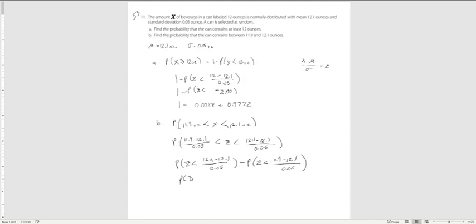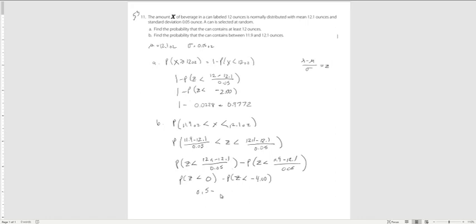Alright, so it's the probability that z is less than 0 minus the probability that z is less than, let's see, 0.2 divided by 0.05. This will be minus 4.00. This will be 0.5. Don't even have to look that one up because half the probability is going to be less than 0 and the other half is greater than 0.